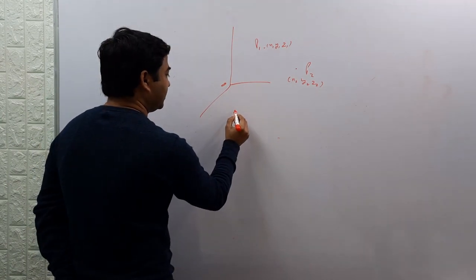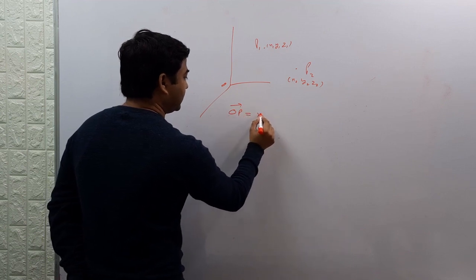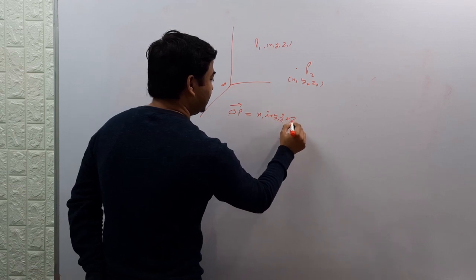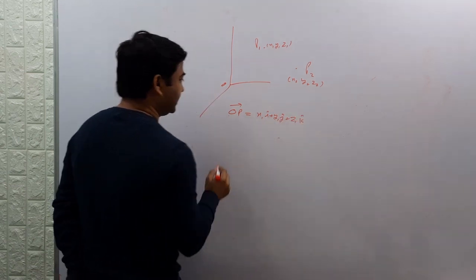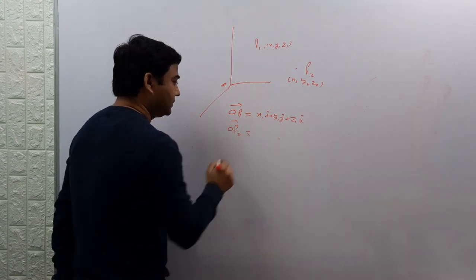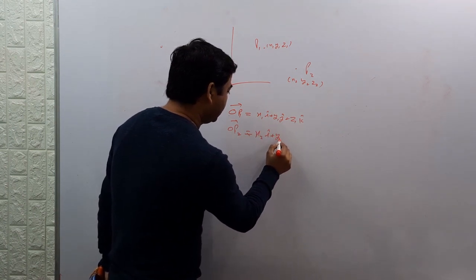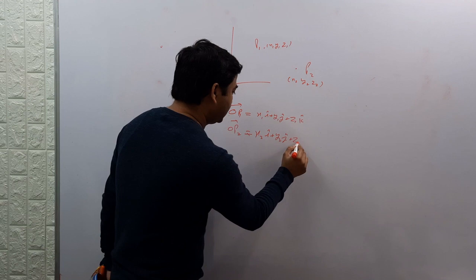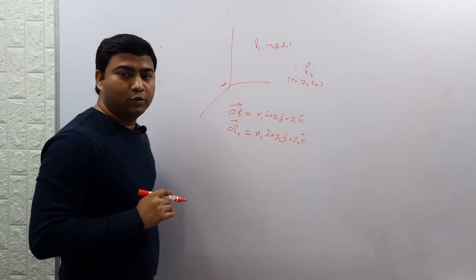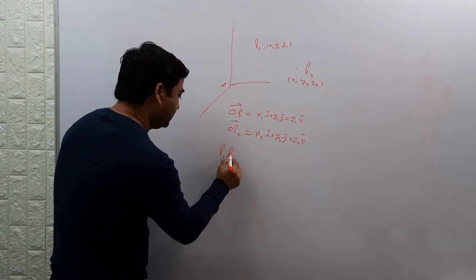So from the earlier discussion, we can say OP1 vector is x1i plus y1j plus z1k. Similarly, OP2 vector is x2i plus y2j plus z2k.